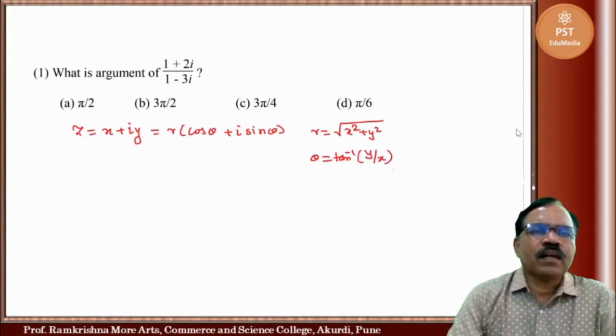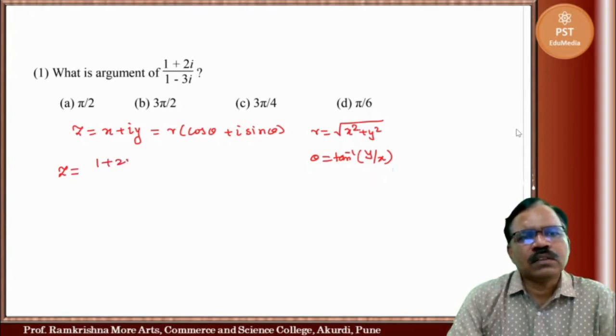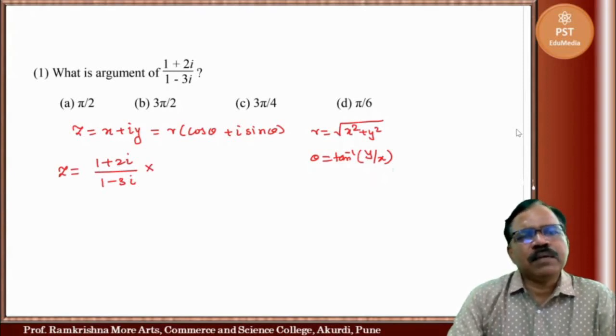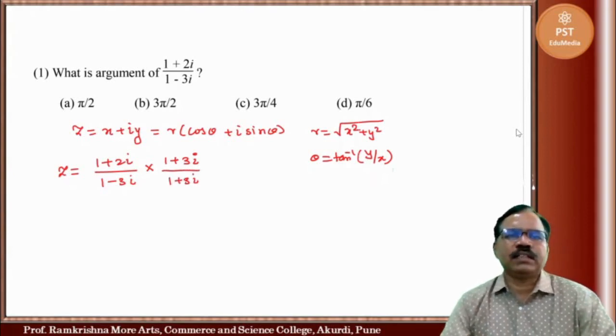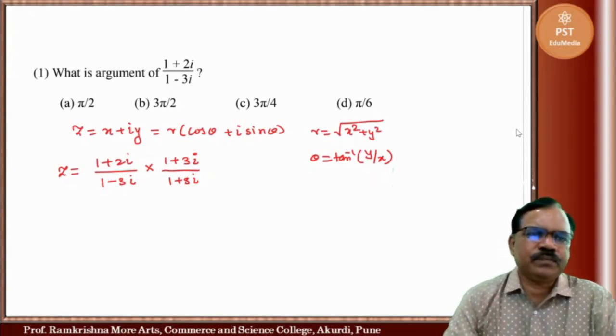Now here the complex number is given, z is equal to (1 plus 2i) upon (1 minus 3i). So we will simplify this. Simply multiply it by the complex conjugate of the denominator as well as divide by the complex conjugate of the denominator. So 1 plus 3i, it is the complex conjugate of 1 minus 3i.